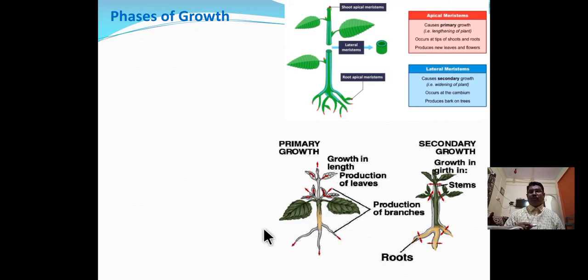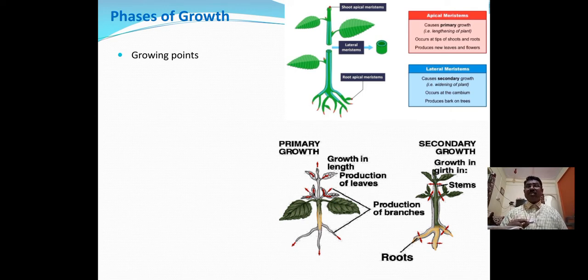Phases of growth. Growth in the plant is generally confined to a certain region called the growing point.